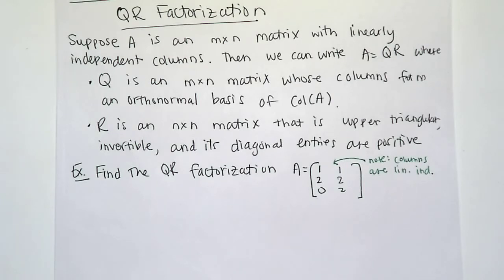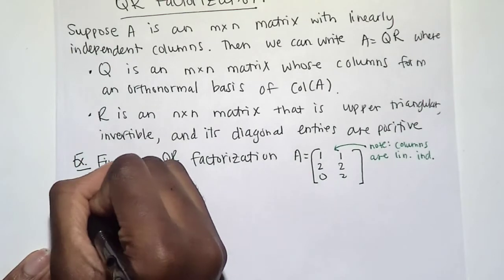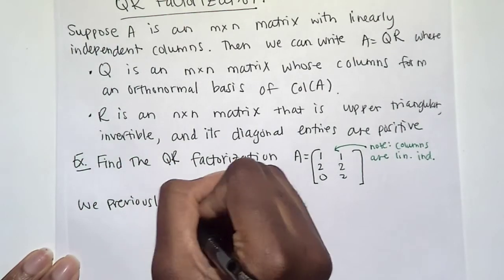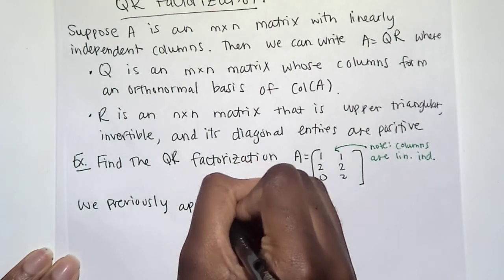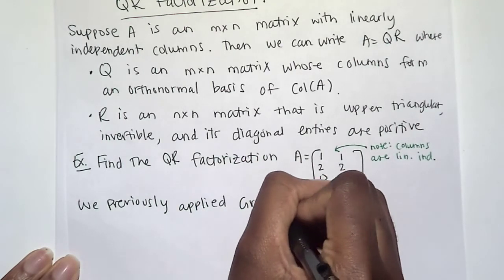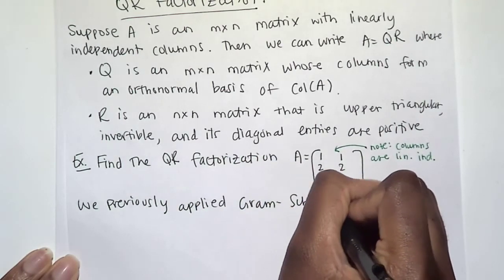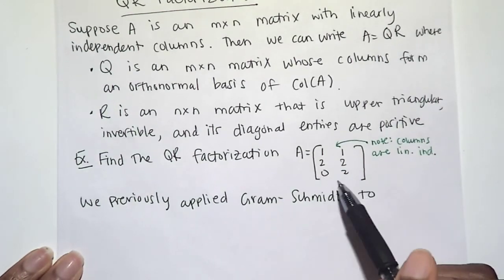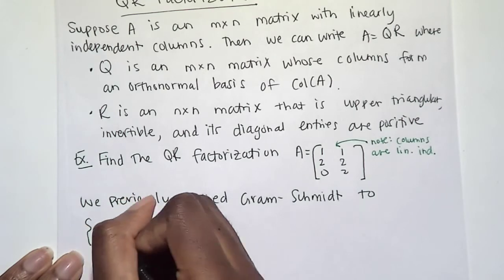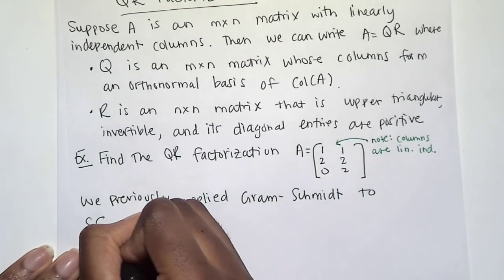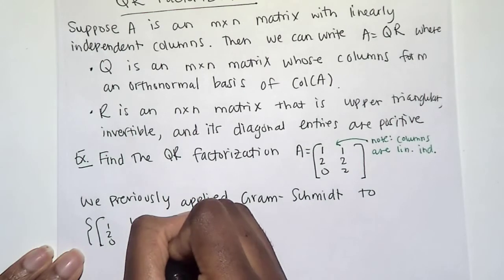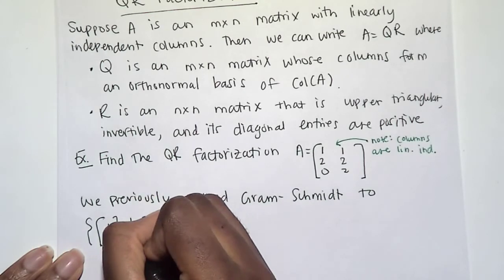All right, remember, we previously applied Gram-Schmidt to this set of vectors, right? (1, 2, 0) and (1, 2, 2). Oops, these should be separate vectors.